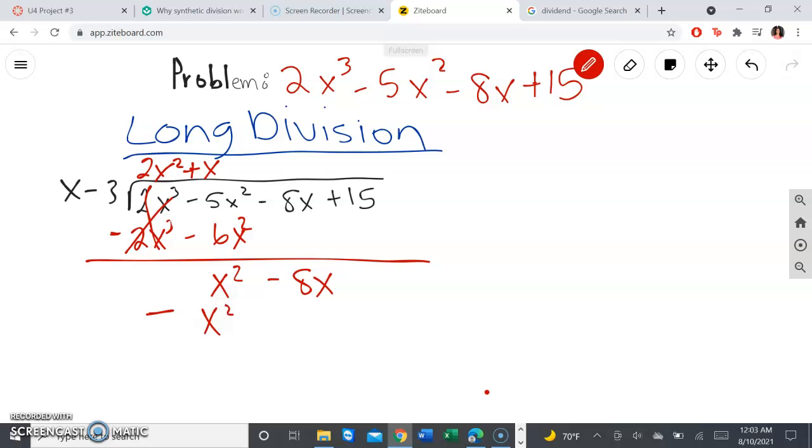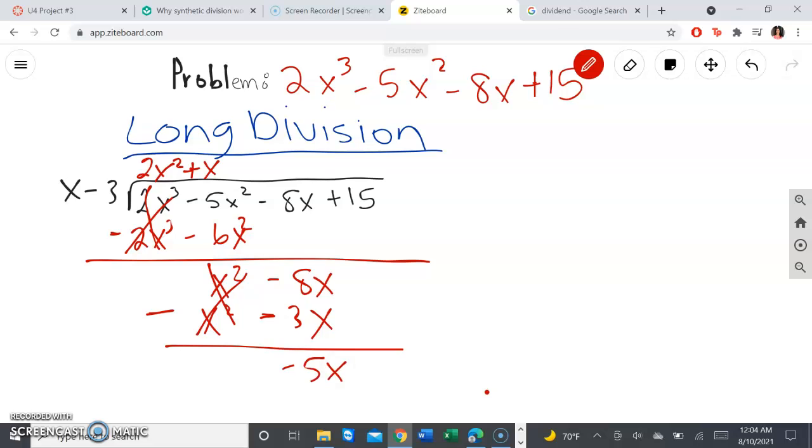And then you want to multiply x again by negative 3, so that should be negative 3x. And on the line, again, the first x squared minus x squared will cancel, so not included, but negative 8x plus 3x, because it's two negatives, will give us an answer of negative 5x.